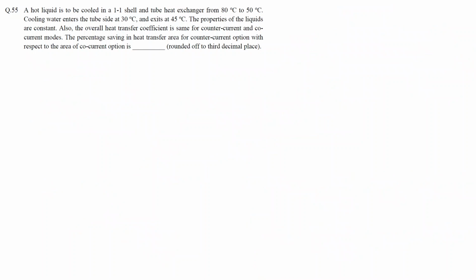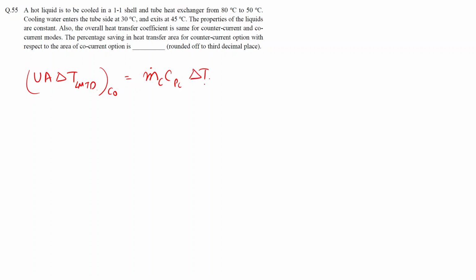And now we know that UA delta T LMTD for, let's say, co-current flow will be equal to mass flow rate of cold fluid, Cp of cold fluid, into the temperature difference of the cold fluid.